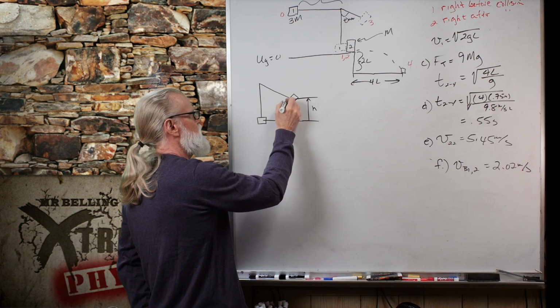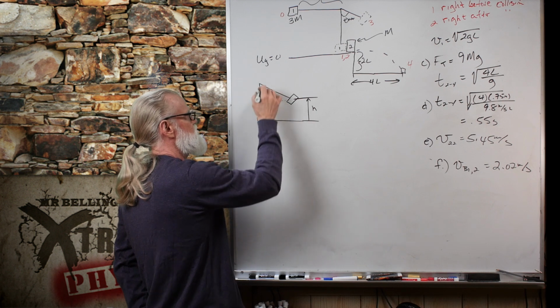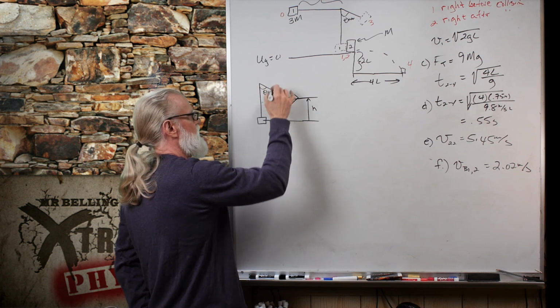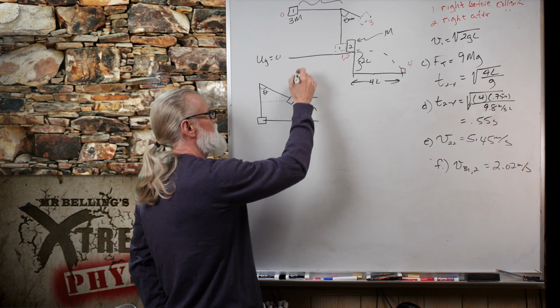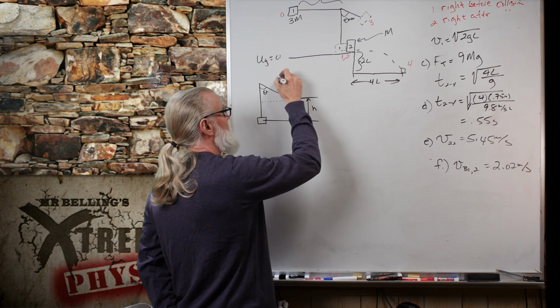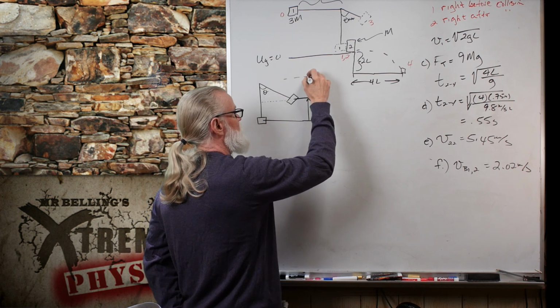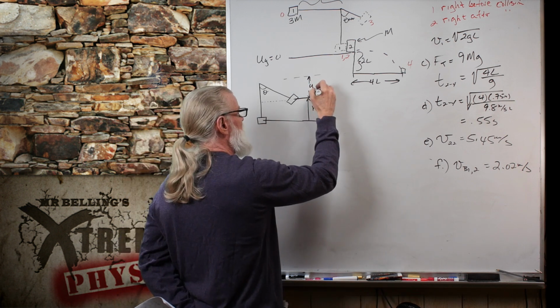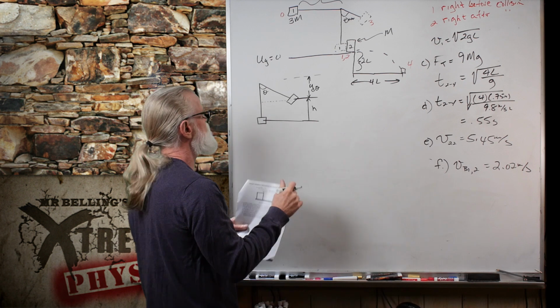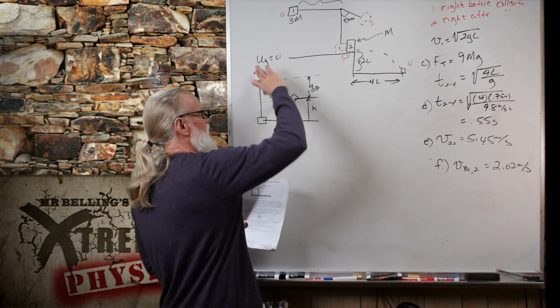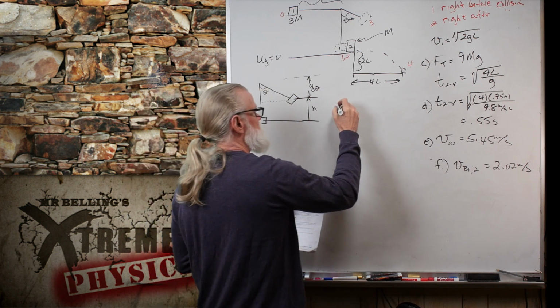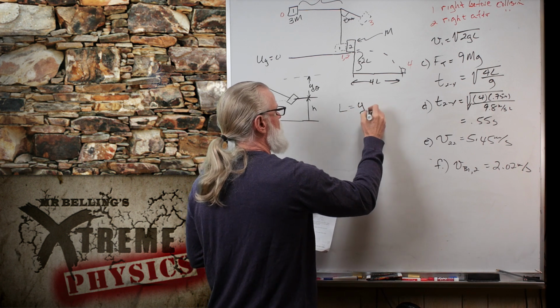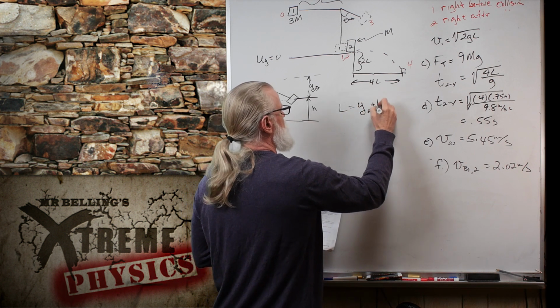So if I draw this straight across like this, this is theta right here. I want to know h. Well, I'm going to put in a temporary variable, which I'll call y sub theta. And the thing we have to realize is this length L is y sub theta plus h.